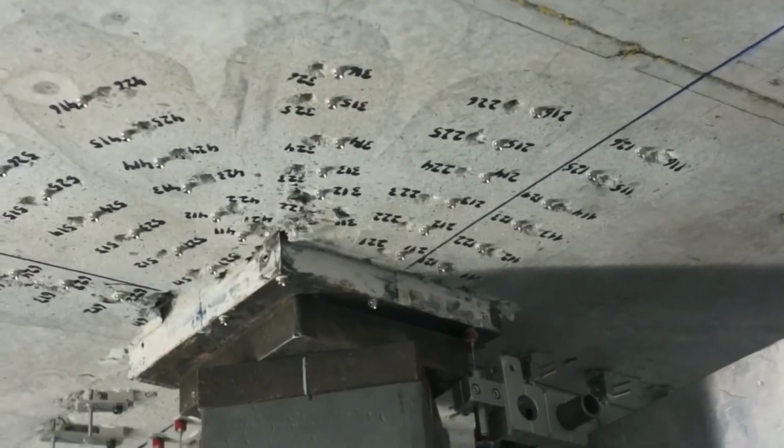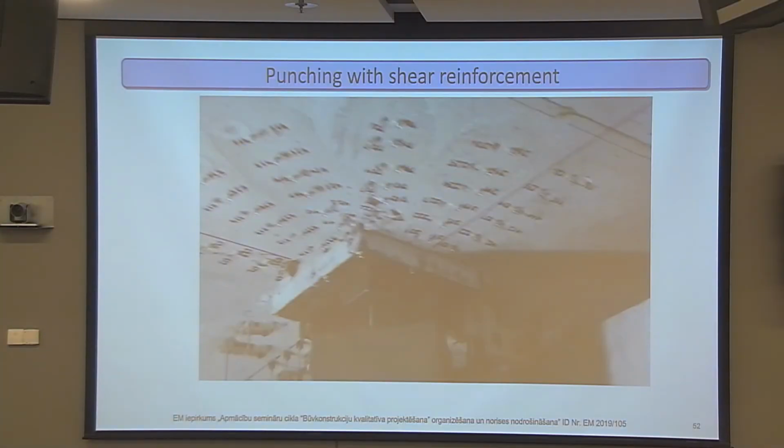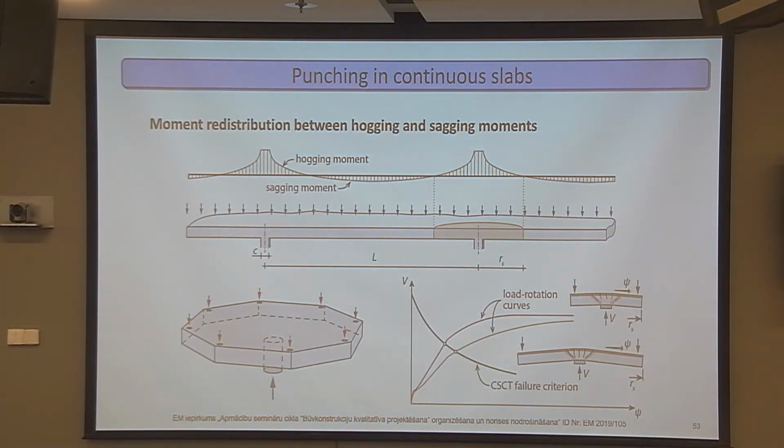So now the question that I was looking at in my thesis was: what's the original assumption of Kinnunen and Nylander that we can use only the negative moment area of the slab? How good was this original assumption?